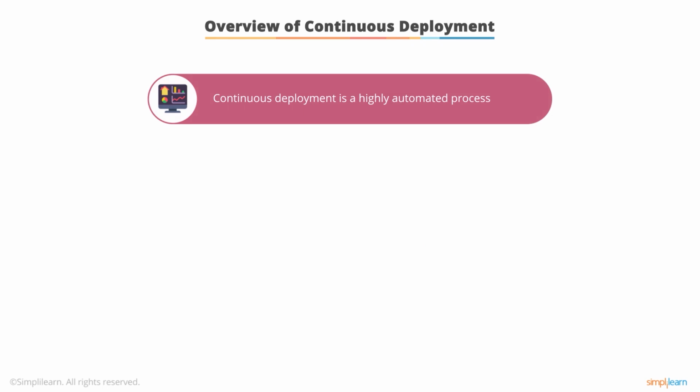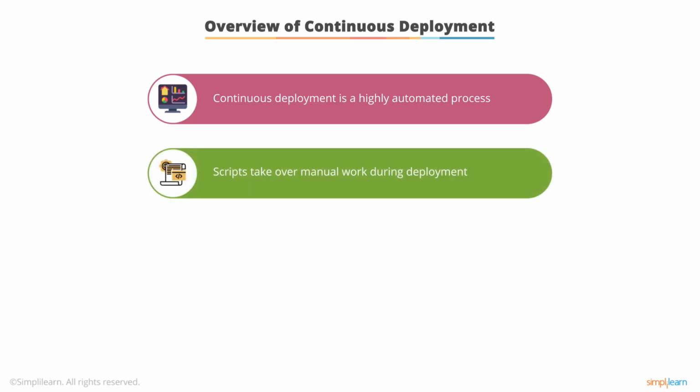For the most part, continuous deployment is a highly automated process that reduces the need for human interaction in the deployment process. Scripts take over most of the work that used to be done by humans previously involved in the physical deployment of code.